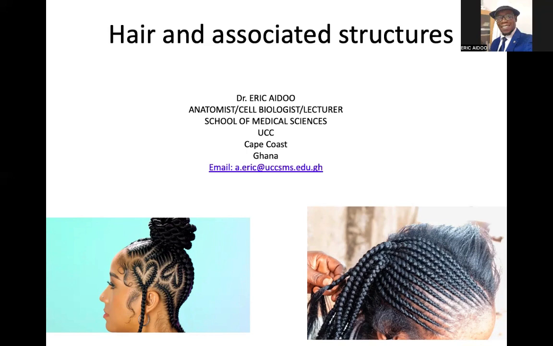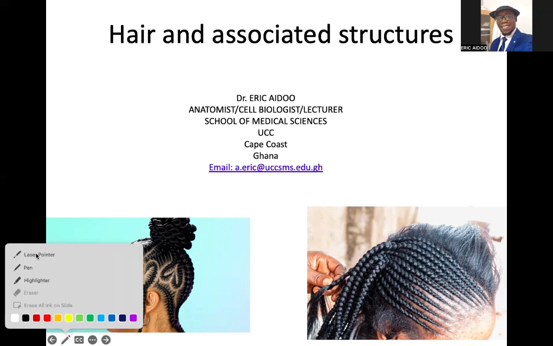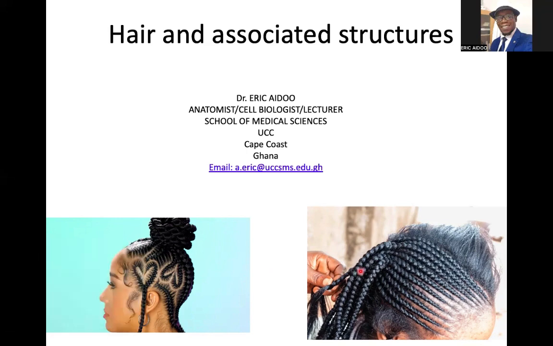This is beautiful. The pictures are so awesome. And in fact, growing up as a child, I used to admire ladies who braid their hair in this African pattern. So beautiful. So hair plays a very important role in our lives.